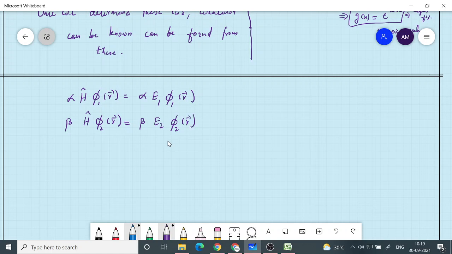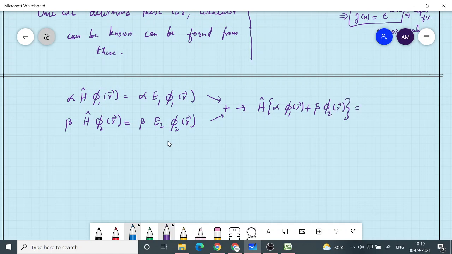Okay, and then I am going to add these two. What will I get? H operating on alpha phi 1 of R plus beta phi 2 of R.